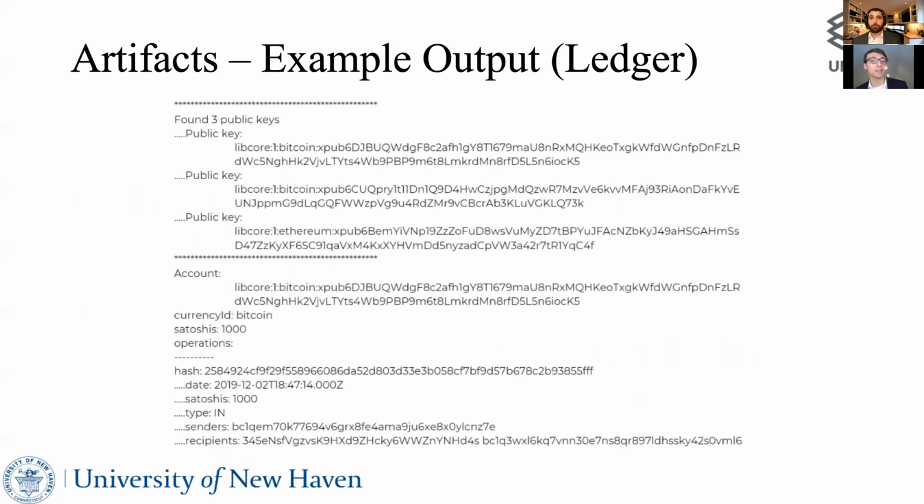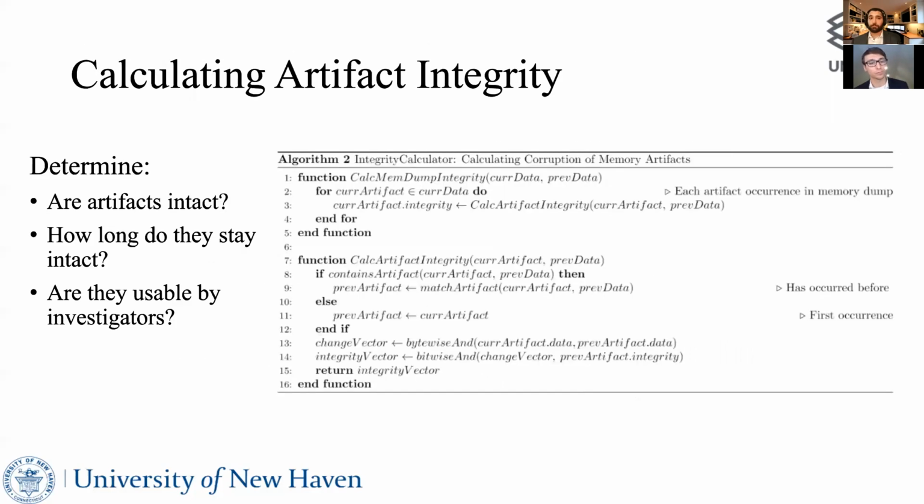And here's an example output of the command line Volatility plugin. In this instance, there are 3 public keys found and the beginning of one of the Bitcoin transactions related to one of those public keys. In addition to the Volatility plugin we created, we also created a visualization framework written in Python that will analyze all these different artifacts and then provide analytics and graphical data about them.